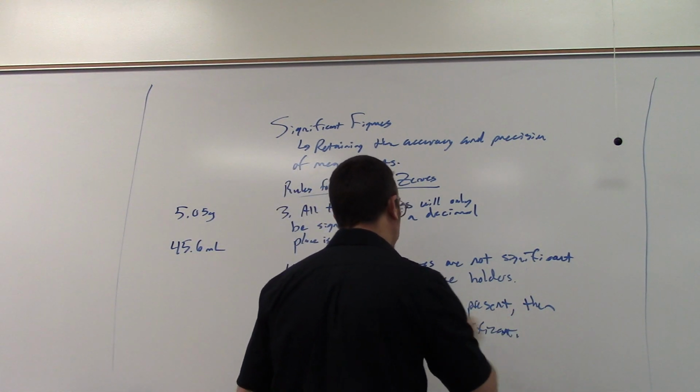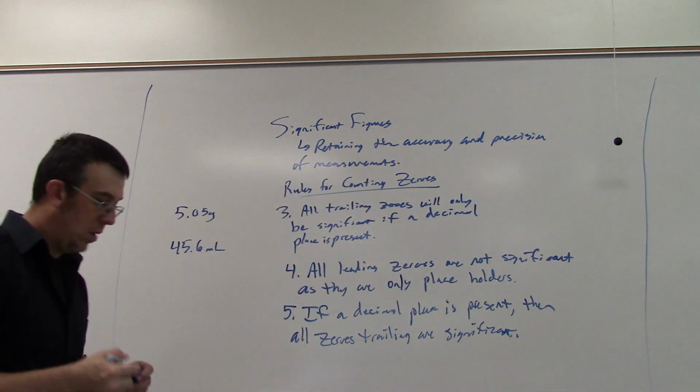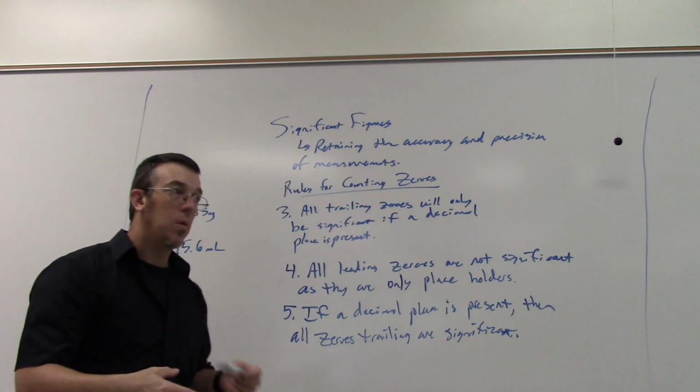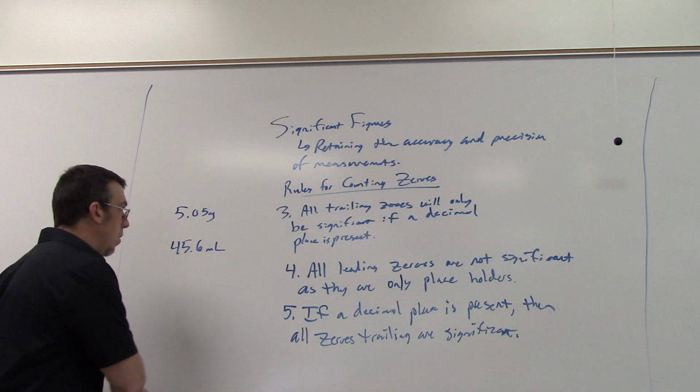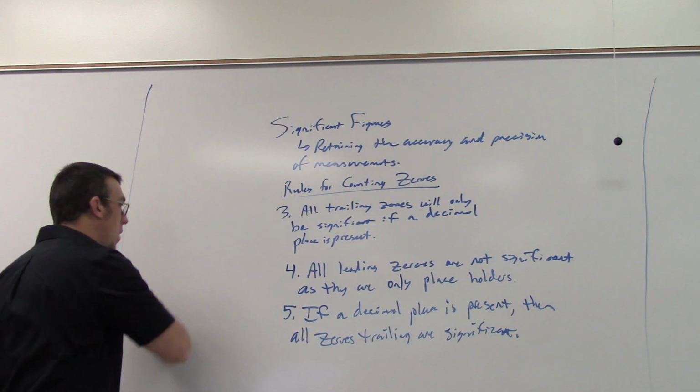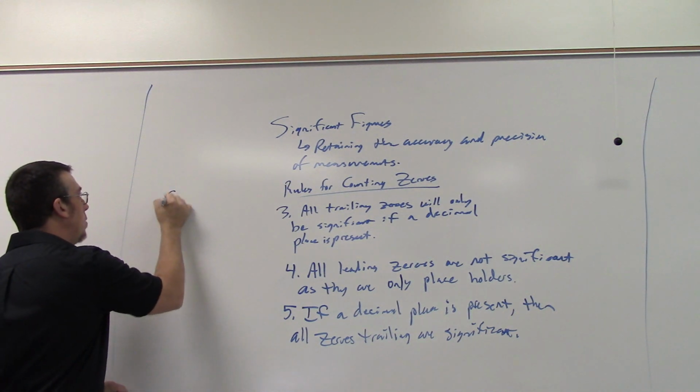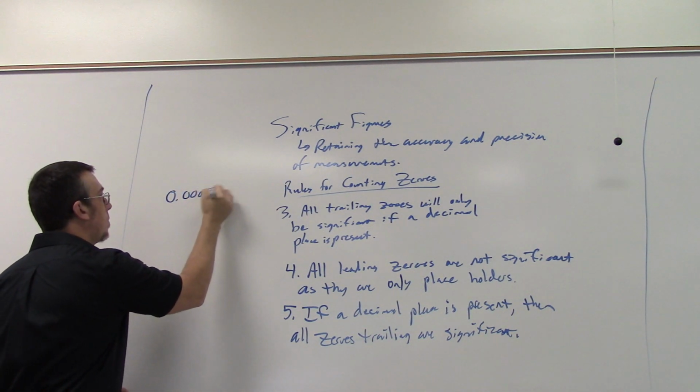Okay? So those are the next 3 rules. And when we start to apply this, the more you do it, the better you're going to get at it. So as we look at some examples here, I'm just going to put up some numbers here.